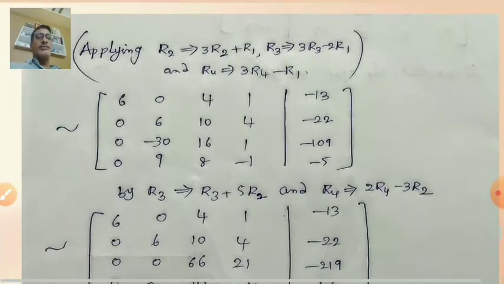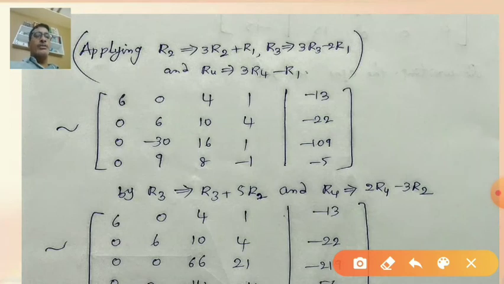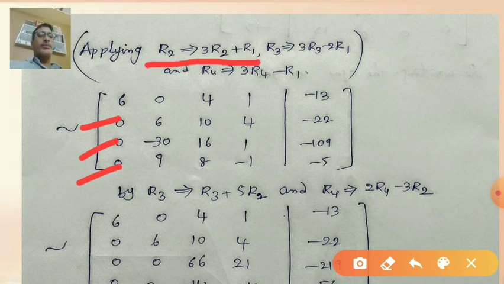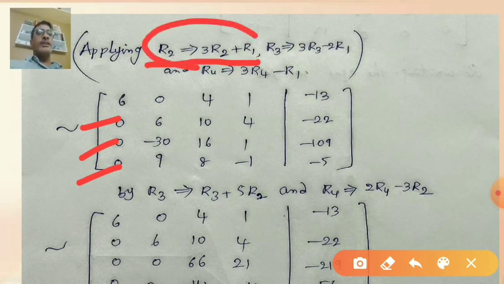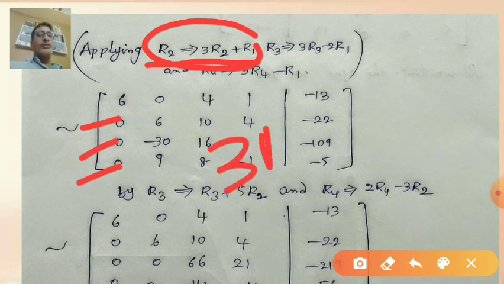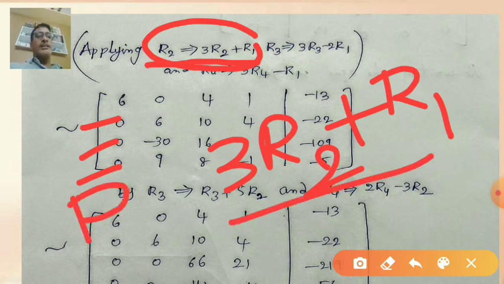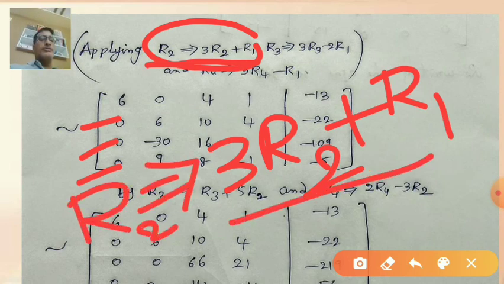To convert these three elements to 0, we have to apply these row transformations. R2 implies 3R2 plus R1. As I have stated earlier, 3R2 plus R1 means we have to multiply row 2 by 3 and add this to row 1 and replace it at row 2.